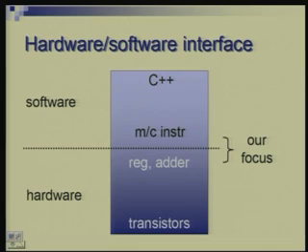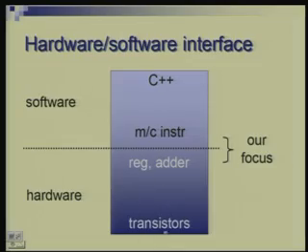Okay. So, if you are a programmer, you will see the machine as defined by a set of instructions, whereas if you are a hardware designer, you will see software in terms of those machine instructions which you need to interpret. Okay. So, there are levels of hierarchy here within hardware, levels of hierarchy within software.